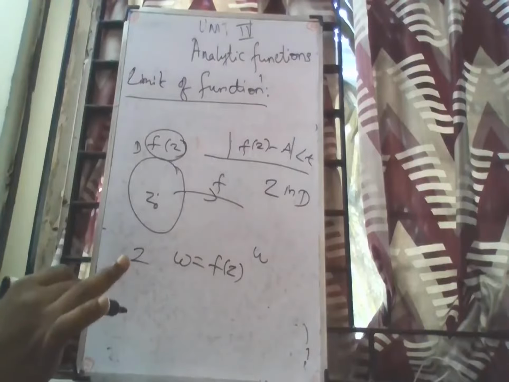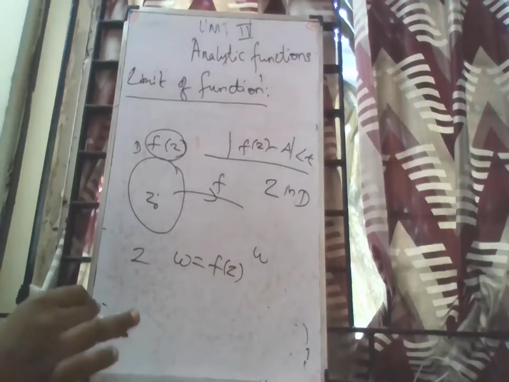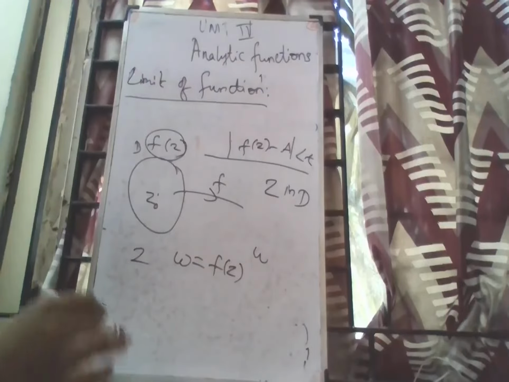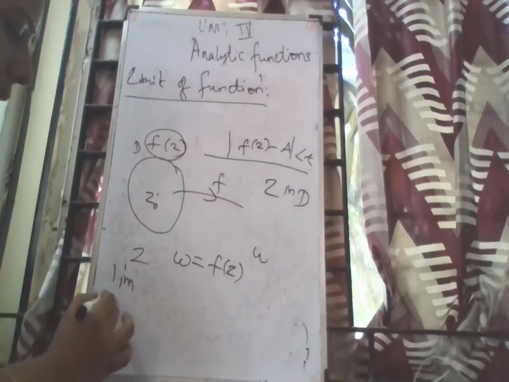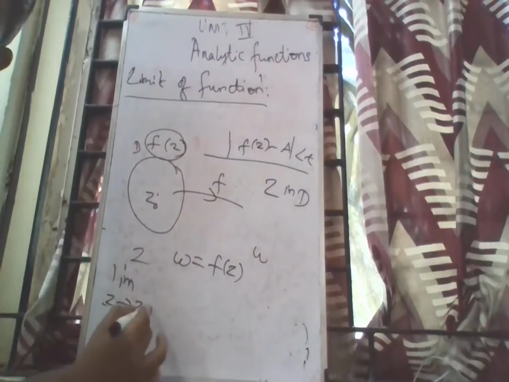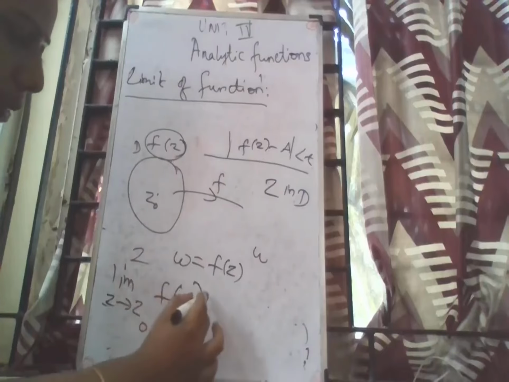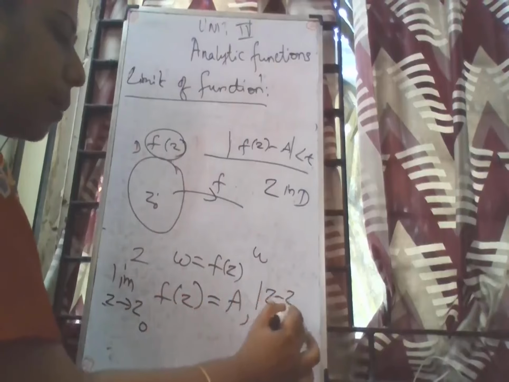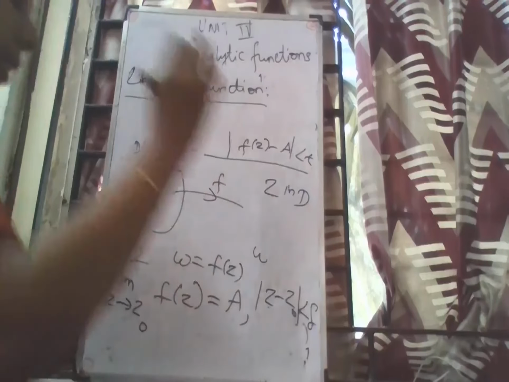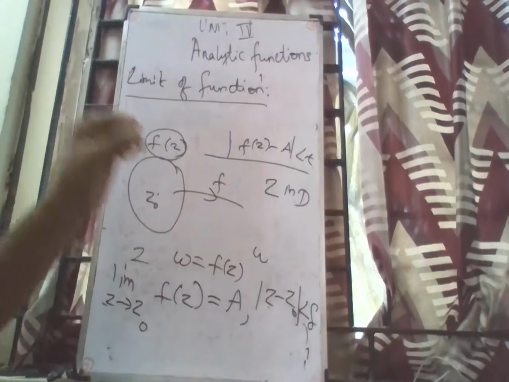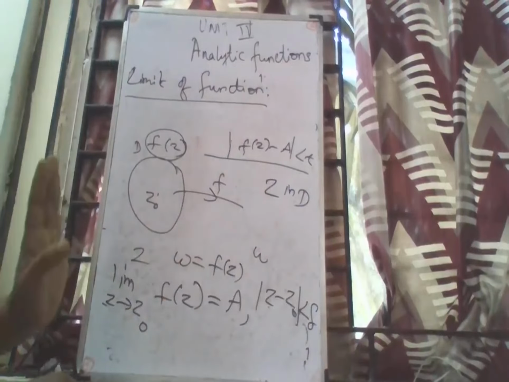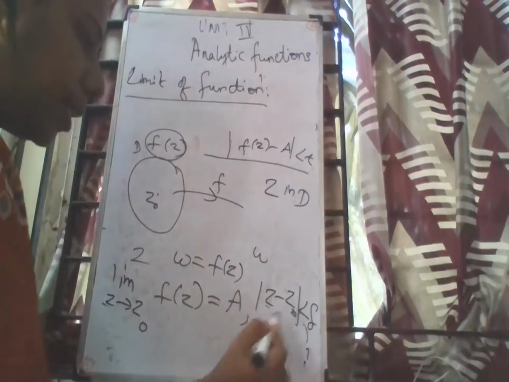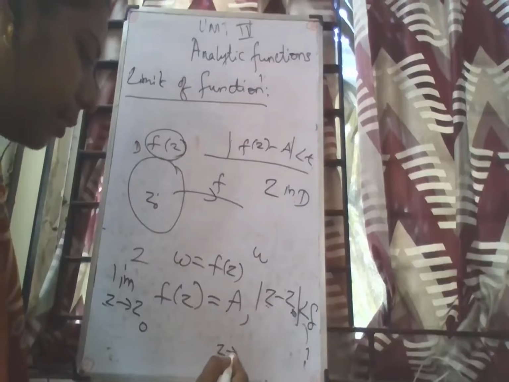Okay, in short, I'll teach another form of this definition: limit as z tends to z naught of f of z equals A, whenever modulus of z minus z naught is less than delta. Delta is a very, very small number, which means as z tends to z naught, say x naught, y naught.